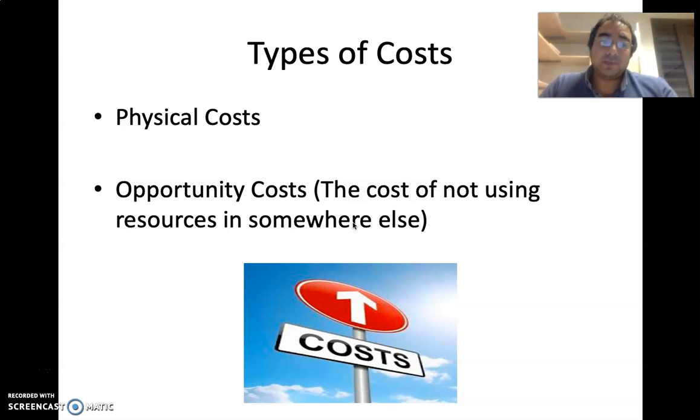Opportunity cost is actually a term which many instructors would teach you at the very beginning of economics. But even though it is taught as a term, it is not used for the most part of the economics course.